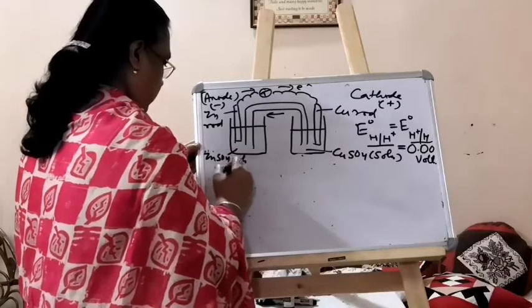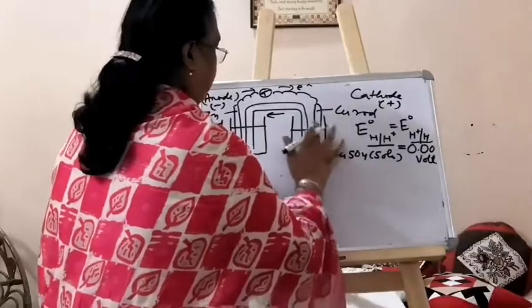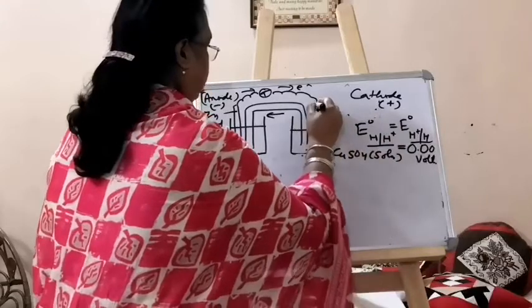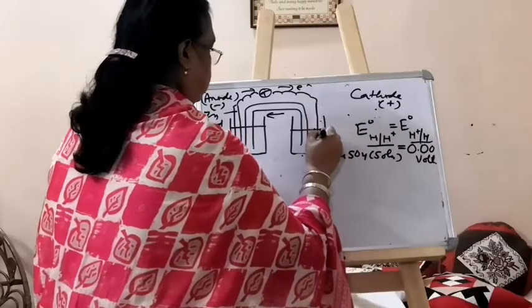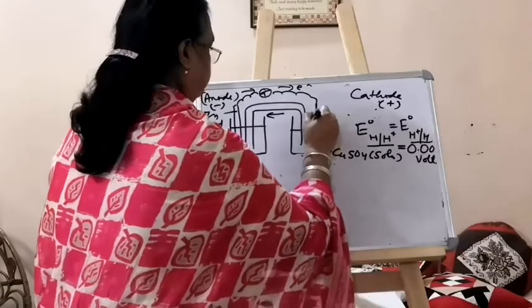So on this side you will take the hydrogen electrode. How do I make that? This is platinum and the glass tube.